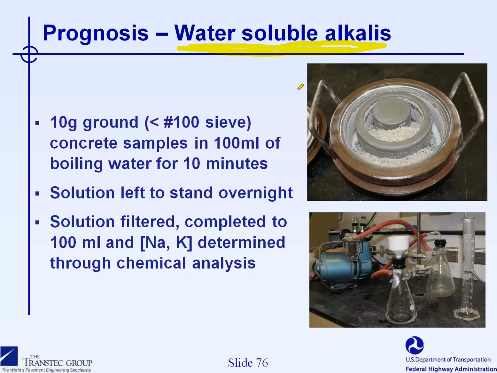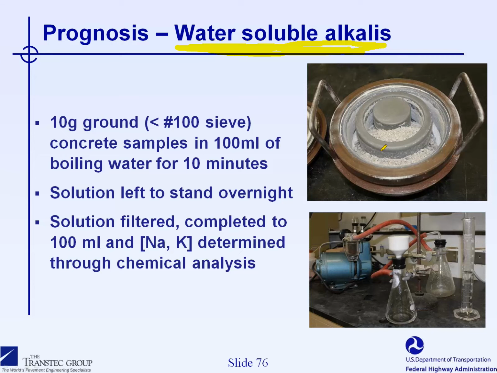So one tool that can be used to determine whether the alkali content in the concrete is still high enough to maintain the expansion is to determine the residual water-soluble alkali content in the concrete.